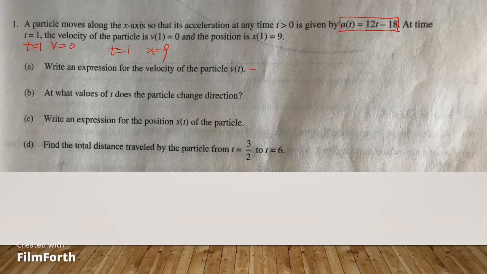The function of the velocity, we can find it by integrating the acceleration function. So a of t, and a of t is 12t minus 18.